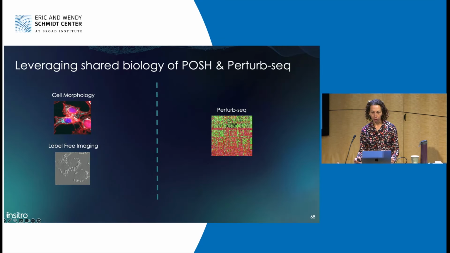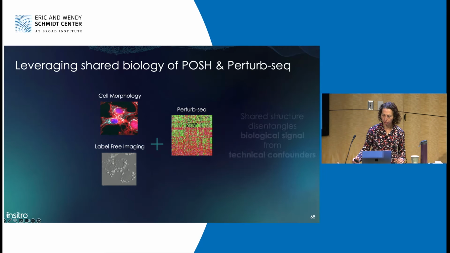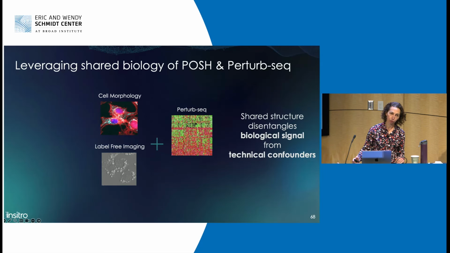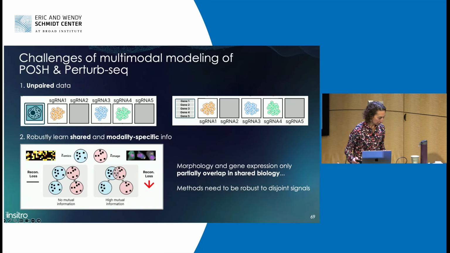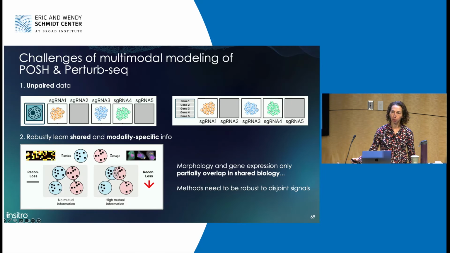But so far, our modeling work has really assumed that we're either looking at our imaging data or our omics data. But of course, we're interested in capturing shared structure that can help disentangle biological signal from technical confounders that are unlikely to appear on both sides. But a challenge with defining these types of multimodal models is, of course, the fact that we have unpaired data.